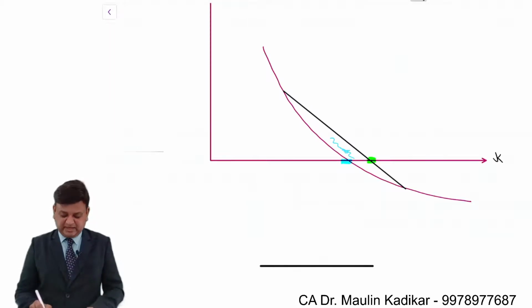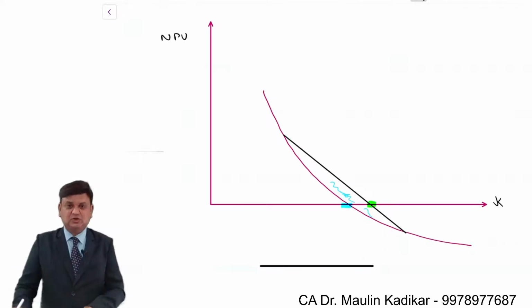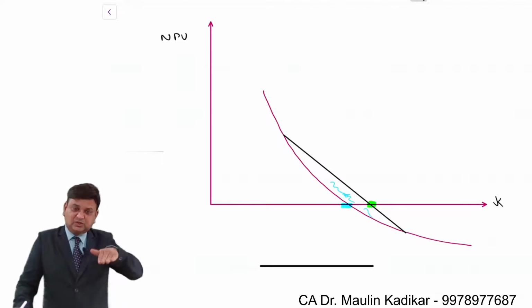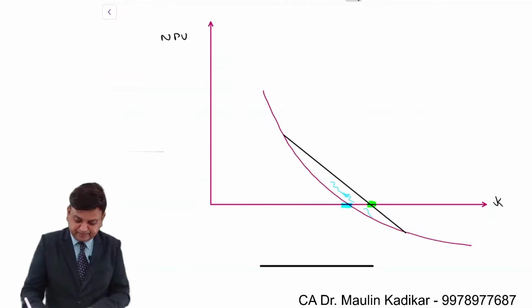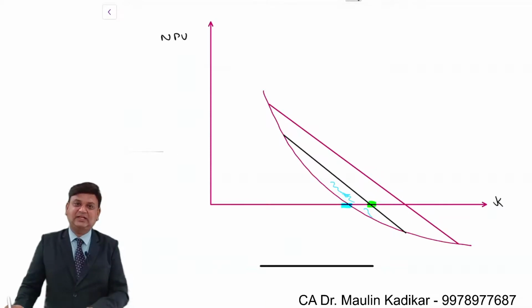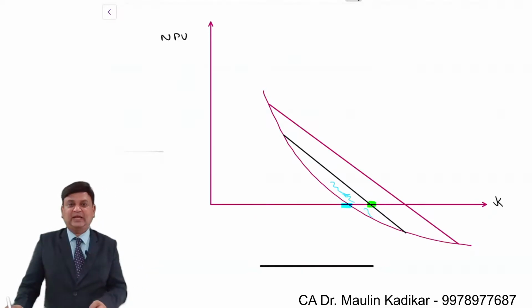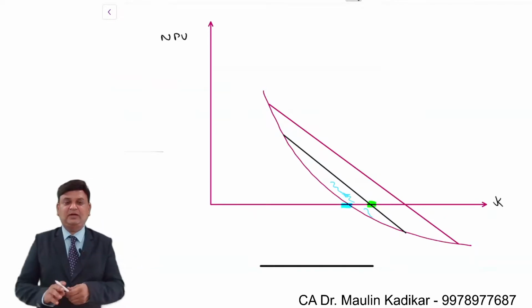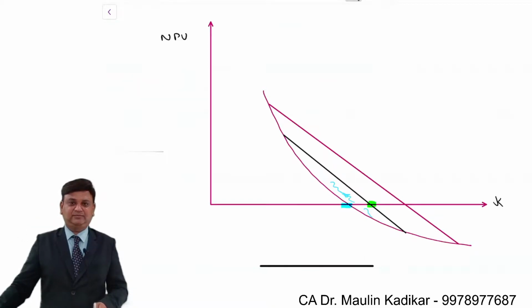That is the reason we should be having less difference so far as possible at the time of final interpolation. The more difference that you take, the margin of error will increase. So when we are doing final interpolation, we should be having maximum difference of 3%, not more than that.